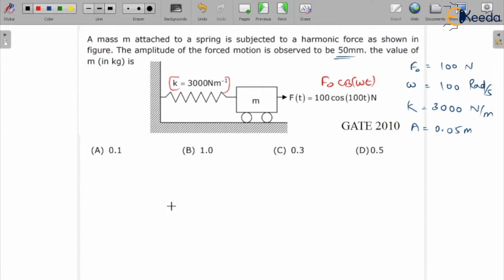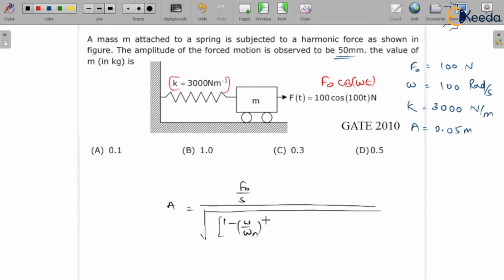So I'm just applying the formula of amplitude. We know that A is equal to F naught upon S upon the under root of [1 minus (omega by omega n) square] whole square plus (2 zeta omega by omega n) square.